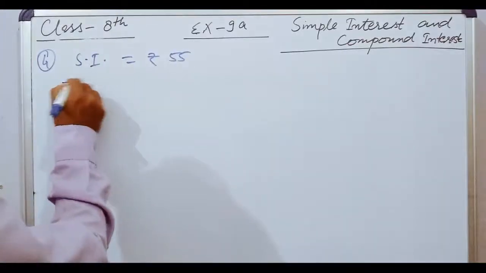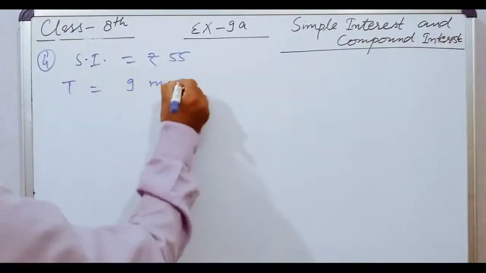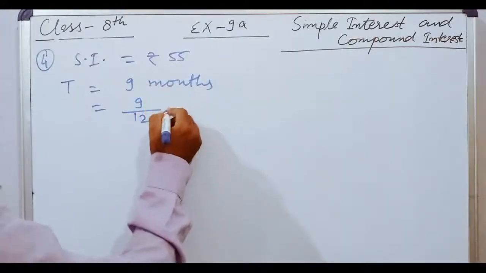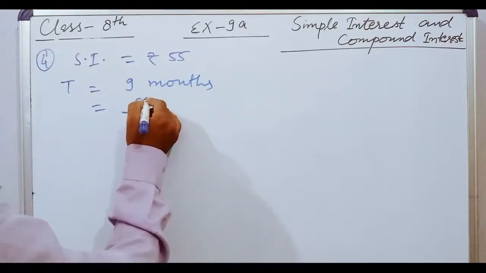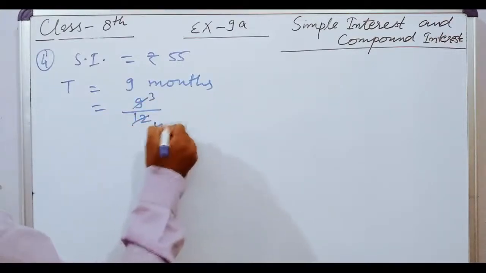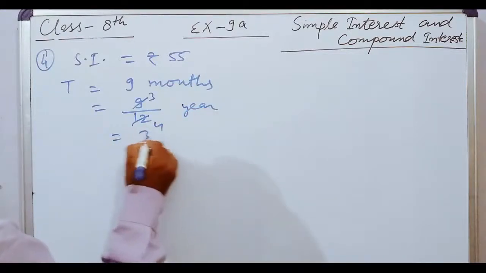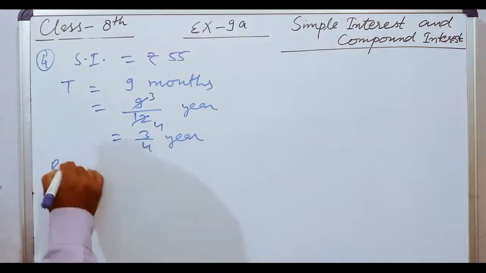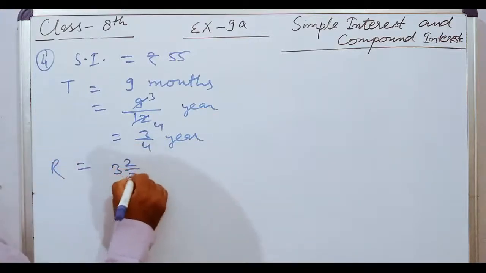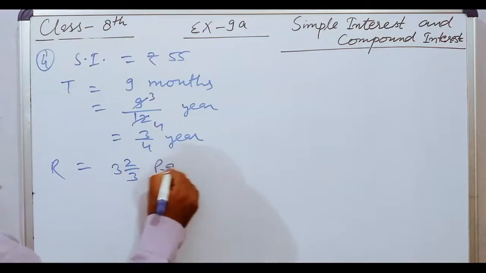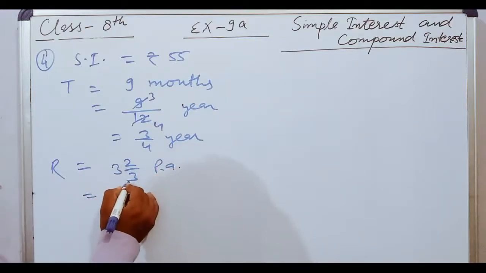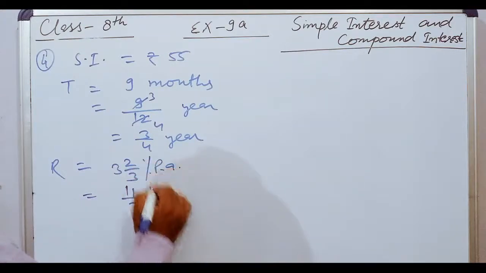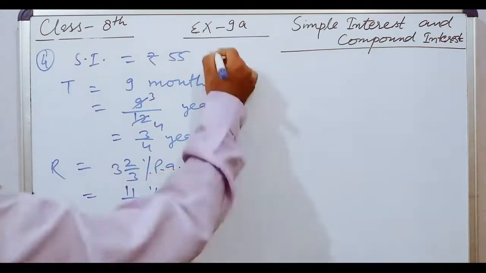Time equals 9 months, which we convert into years: 9 upon 12, because the rate is given yearly. 3 3s, 3 4s, so this is 3 upon 4 year. Then rate of interest is 3 whole 2 upon 3 per annum, per year.